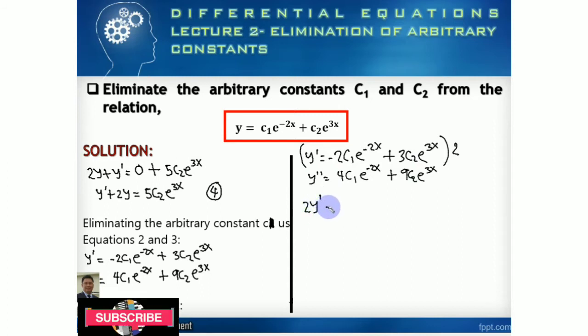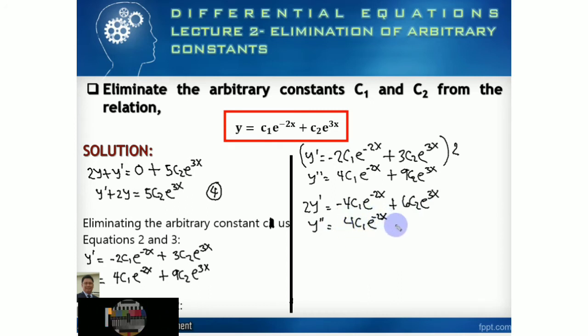After you multiply this, this will be 2y prime equal to 2 times negative 2, which is negative 4 C1 times e raised to the negative 2x, plus 3 times 2, which is 6 C2 times e to the power of 3x, and our y double prime will still remain: 4 C1 times e raised to the negative 2x plus 9 C2 times e raised to the power of 3x.